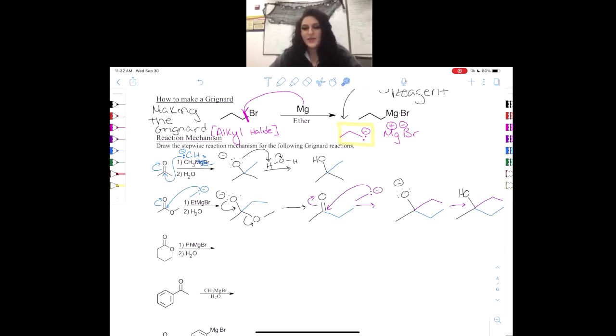And someone asked in the chat, does this mean that we need a good leaving group in order to do the second part of the reaction? So everything you learned in Orgo 1 about a good leaving group is not necessarily a lie, but it's mostly going to be thrown out the window for this class, because in Orgo 1, you were essentially told that an OH is a terrible, terrible leaving group and it's never going to leave.